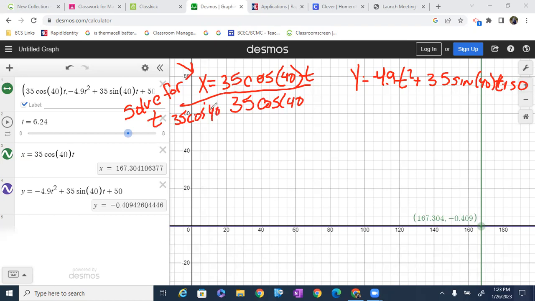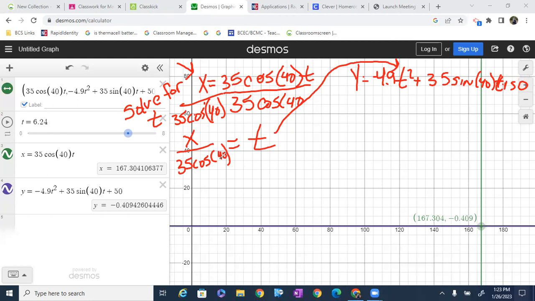And when I do that, we get t equals x over 35 cosine of 40. Okay. All right. So now what do we do with that? We take that t and we stick it right into the next equation, into our y equation.